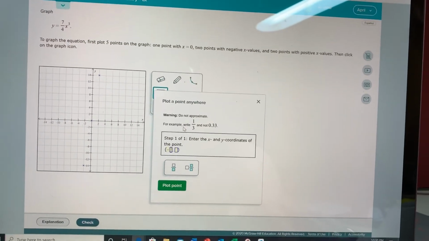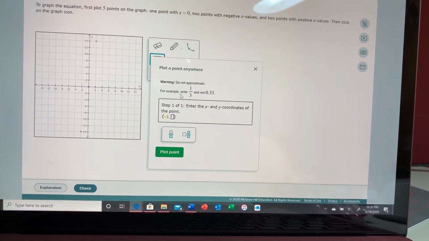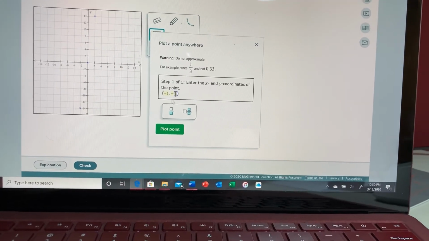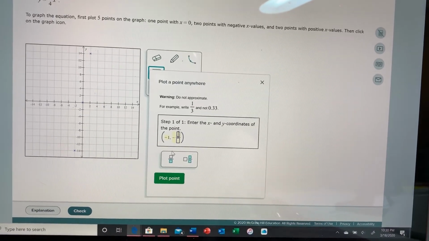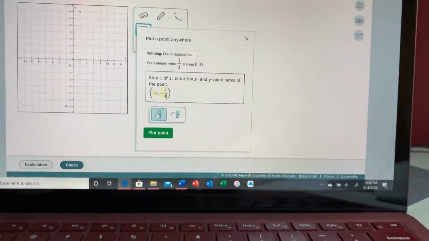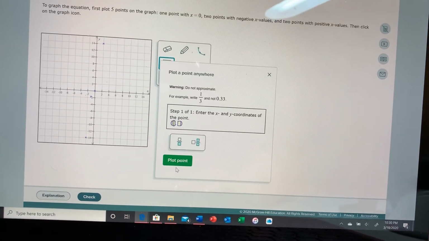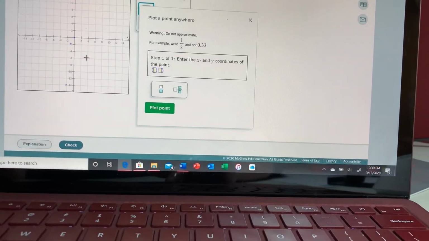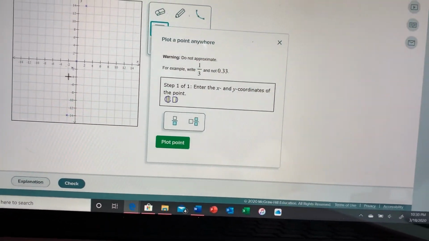So I'll type in -1, scroll over, and negative, and I'll just use the improper fraction of 7/4. And then I'm gonna hit plot point. Did it plot it? Oh yeah, it did, it's right there. Can you see it?